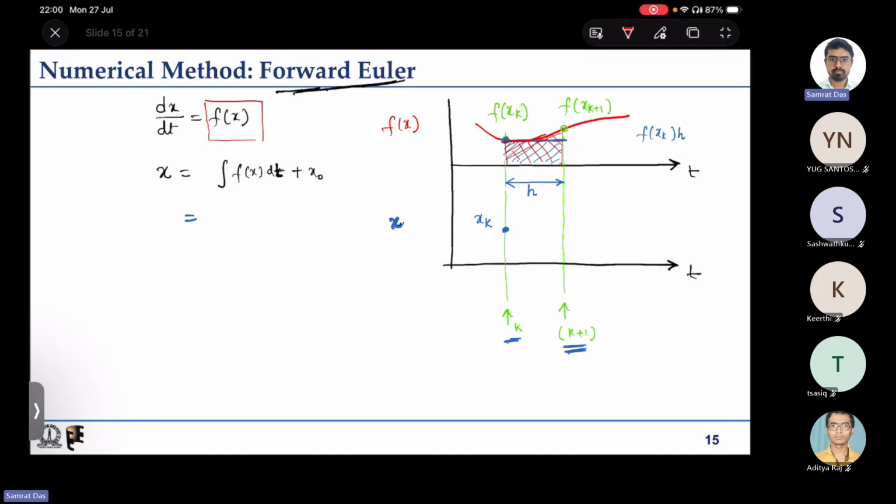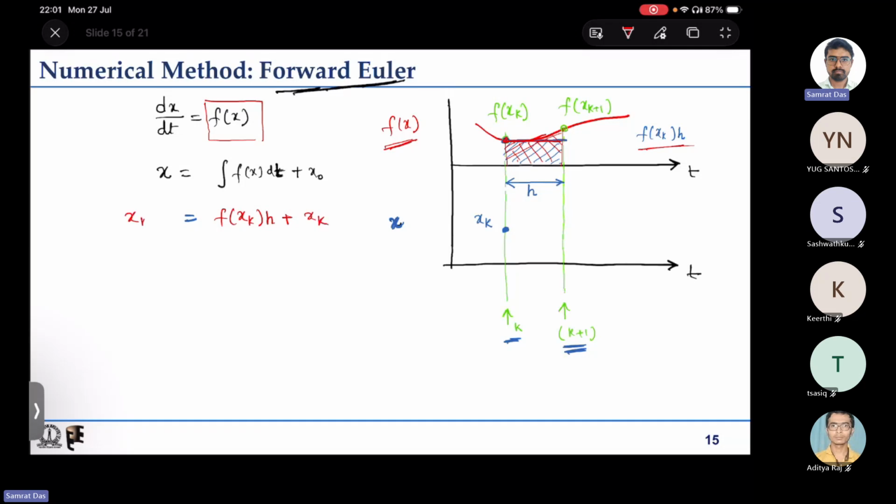But we are approximating f(x) with the value f of xk, the kth instant value, which is carried forward. So in this case the integration value is f of xk into h.